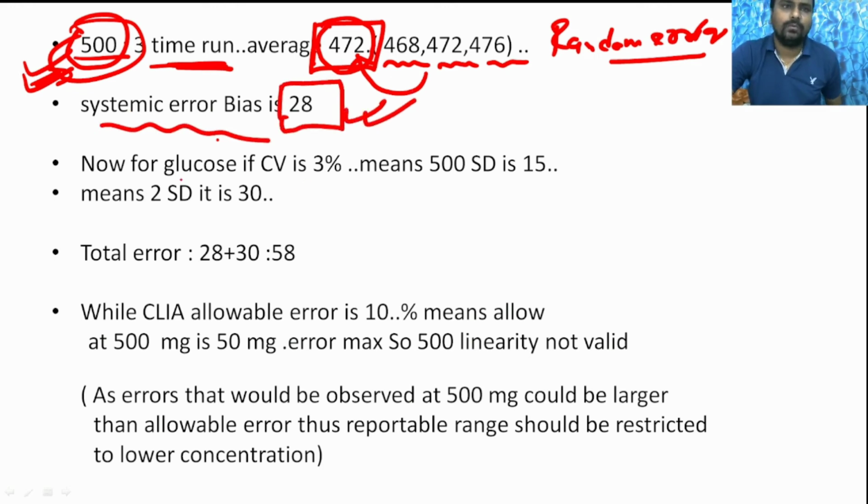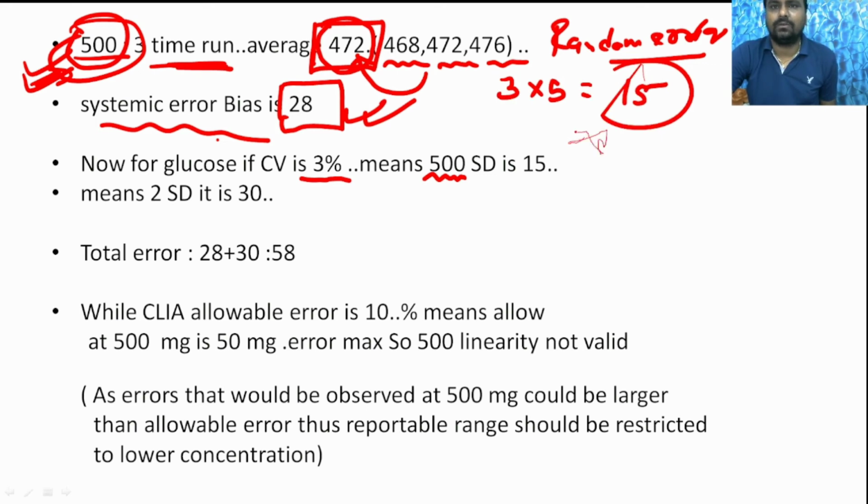Now for glucose our lab CV is 3%. Meaning at 500 milligram concentration, 3 into 5, our SD will be 15. And SD is always on both sides, so 2 SD value will be 30.